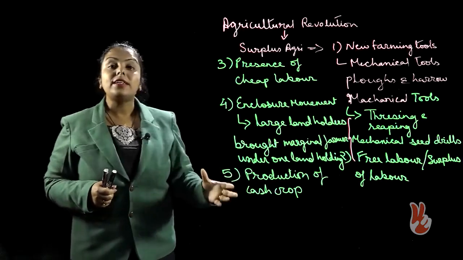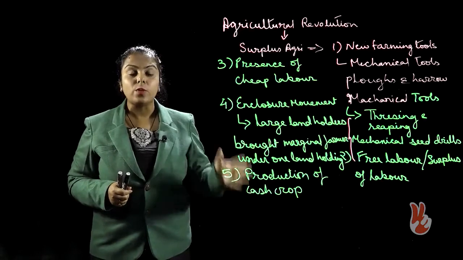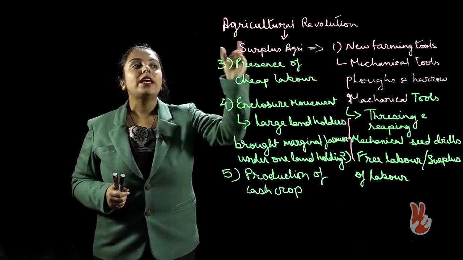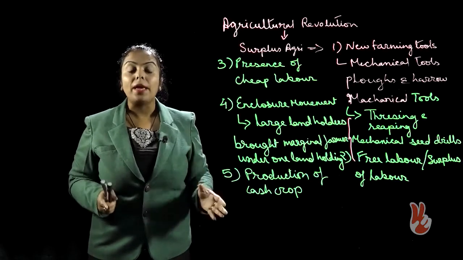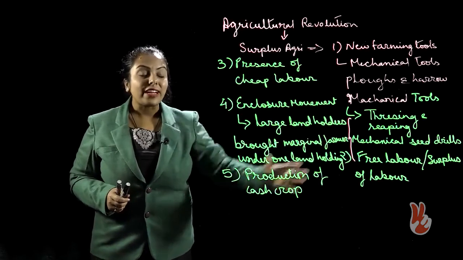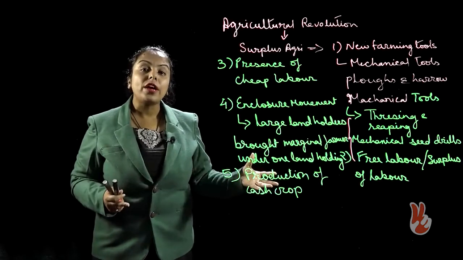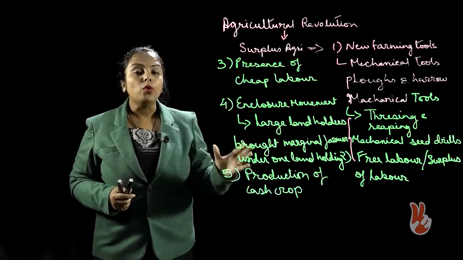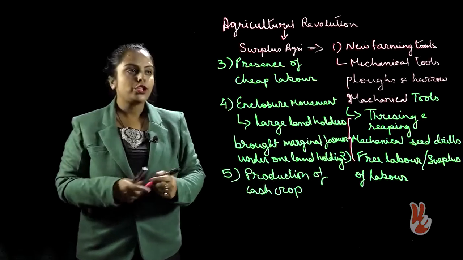This resulted in the industrial revolution as well. I had mentioned in my classes that the agricultural revolution is an important topic because it resulted in the industrial revolution. These are the factors which led to the growth of the agricultural revolution, but at the same time it gave a boon to the industrial revolution as well.